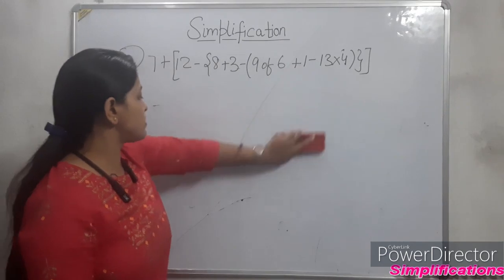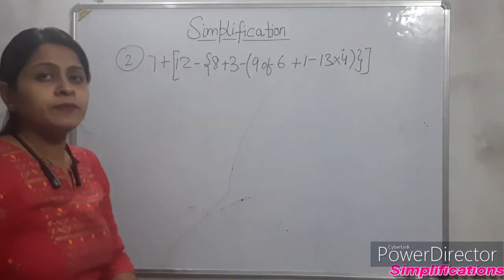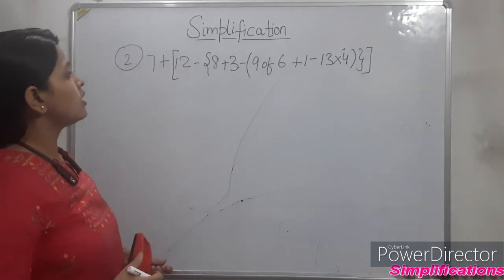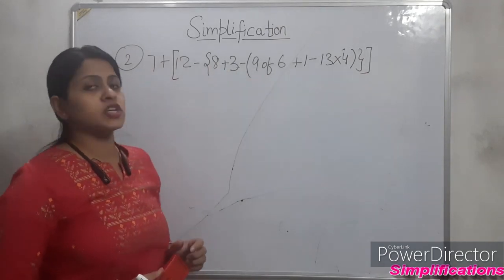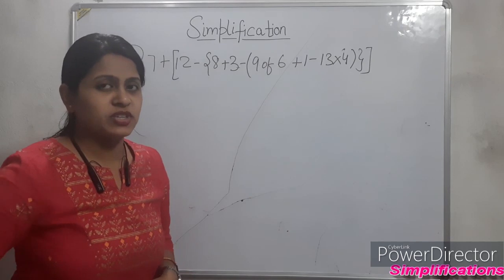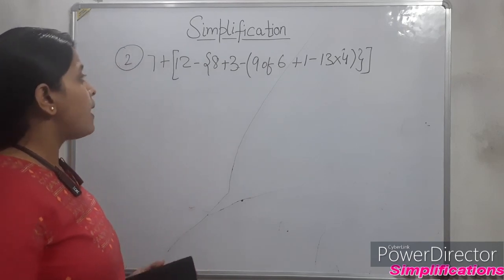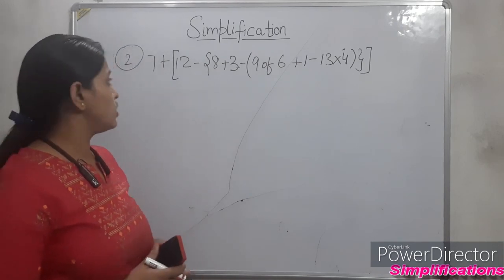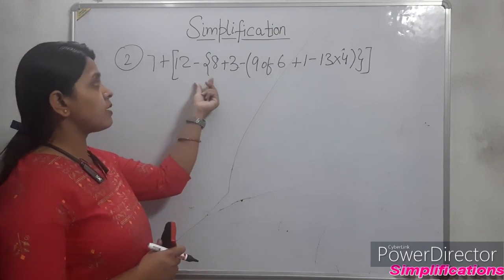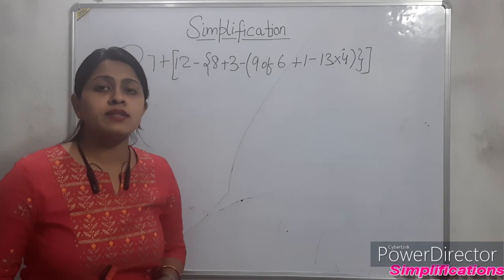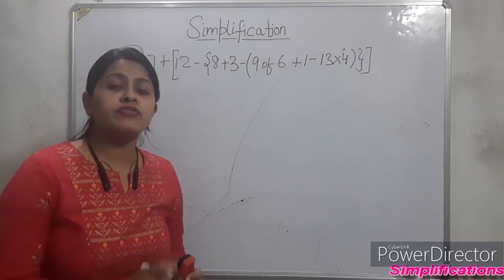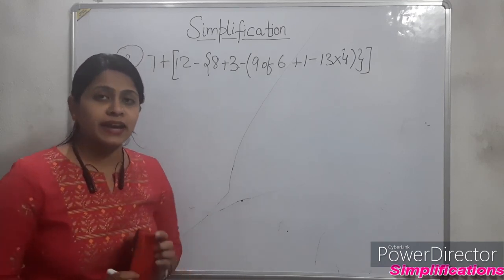So what we have seen, children, in this question, is that there are addition, subtraction and multiplication. There are 3 orders of operation. There is no division. But there are 3 brackets also, the big bracket, the curly bracket and the small bracket. So our first step is we have to solve the bracket first.